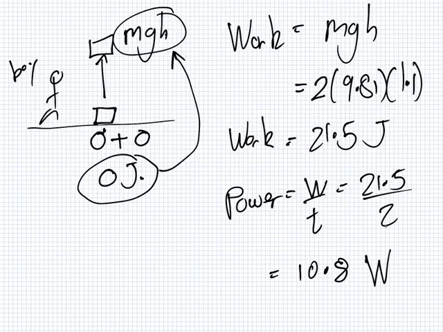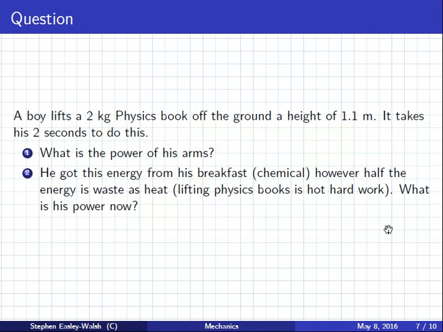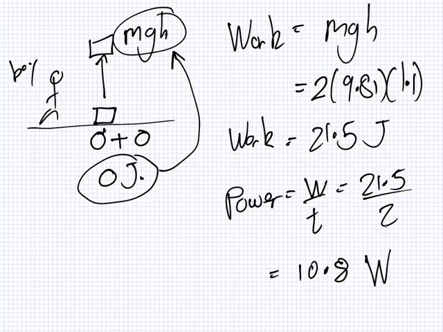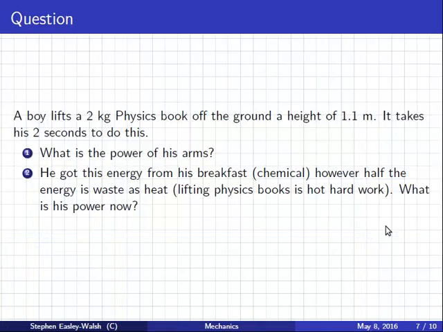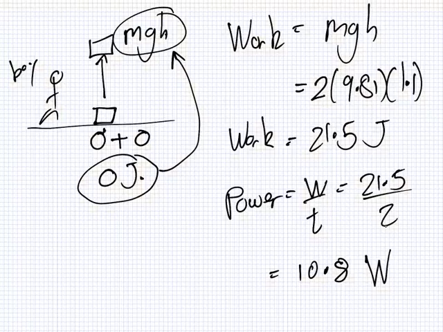Okay, well that's okay. We can write it down this way. So this is part 1. How did you get 1.1? What did you do? 2 multiplied by 1.1. Work formula is F into D. Well actually, yeah, you could do it that way.